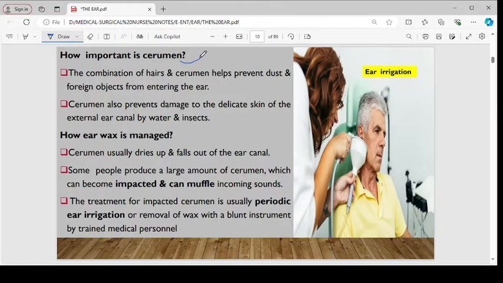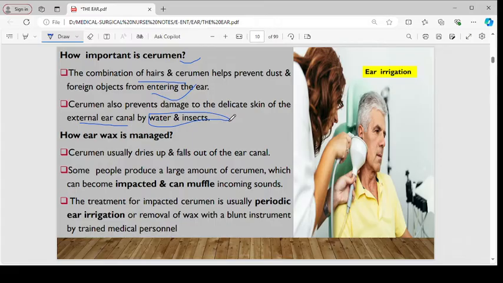Yes, because the combination of hairs and cerumen helps a person prevent dust and foreign objects from getting into their ears. Also, cerumen prevents damage to the delicate skin of the external ear canal that can be caused by water and insects.